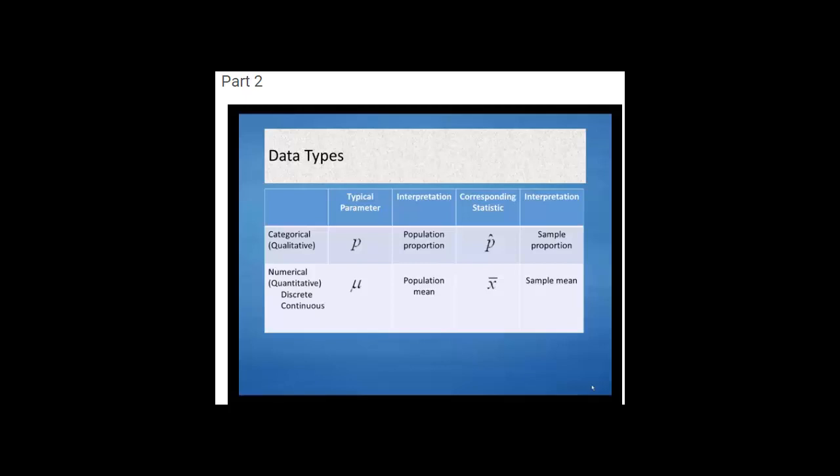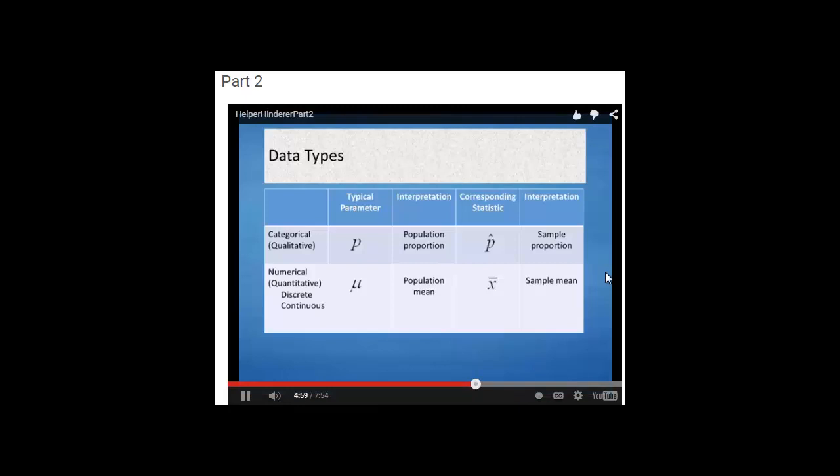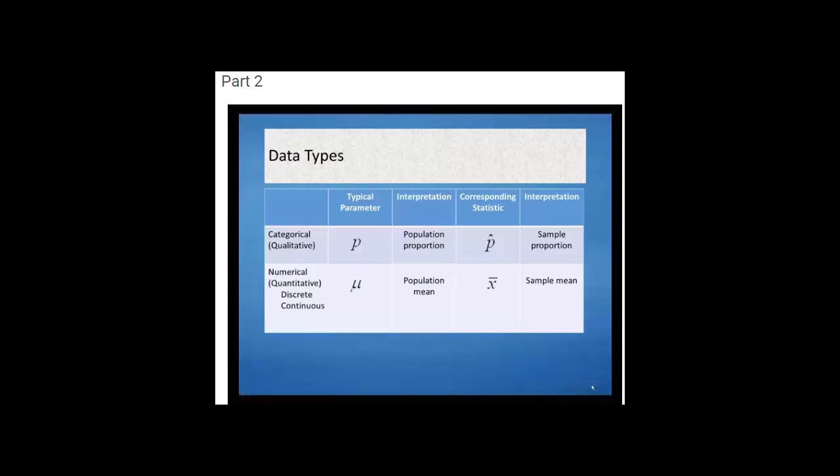For numerical data, whether it is continuous or discrete, the most often used parameter is mu, the population mean, and its corresponding statistic is x bar, the sample mean. This table is not exhaustive. There are other parameters and other statistics that a researcher might be interested in. For example, median, maximum, standard deviation, or range.